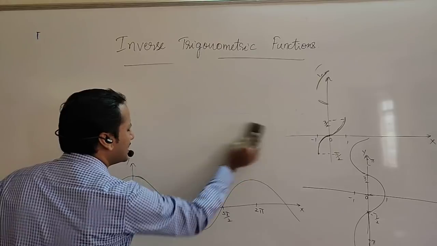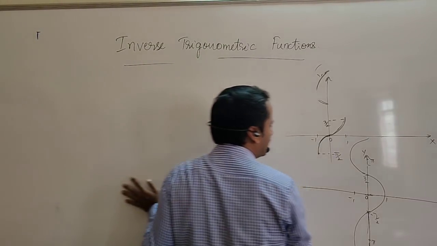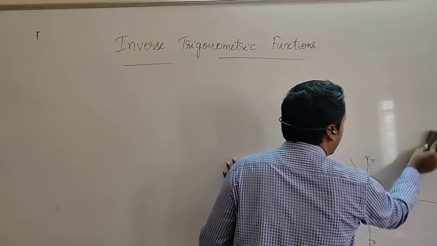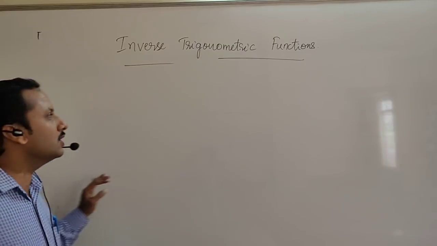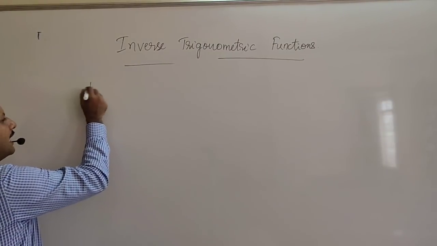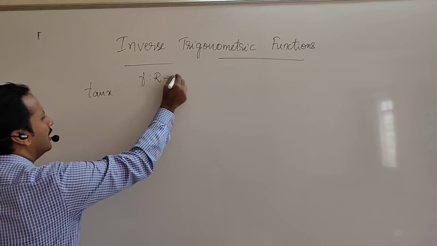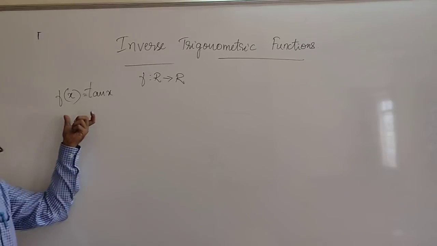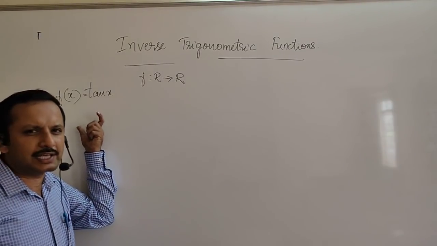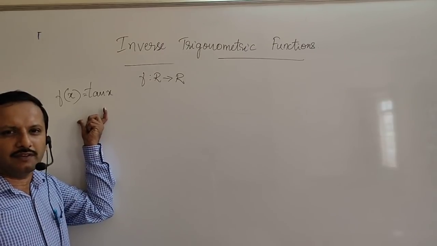Now, let us discuss the inverse of tan function, or in other words, tan inverse of x. Okay. So, again here also, in general, if we are defining f from R to R, defined by f of x equal to tan x, then tan x is not a bijective function. This is not a one-one function.